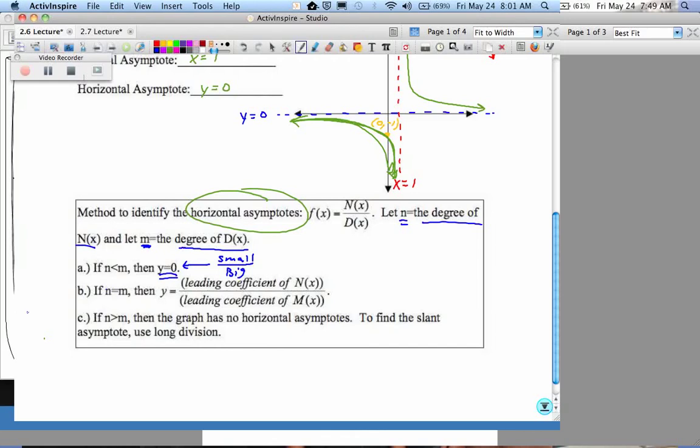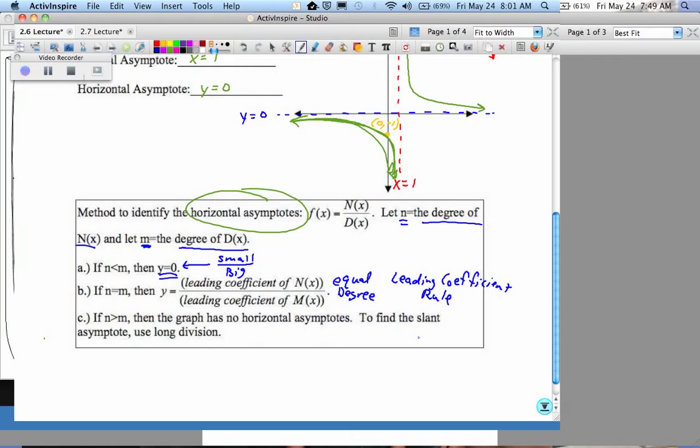If the degrees are equal, that's what this rule is. I just simply refer to that as the leading coefficient rule. What's a coefficient? The number in front of the variable.